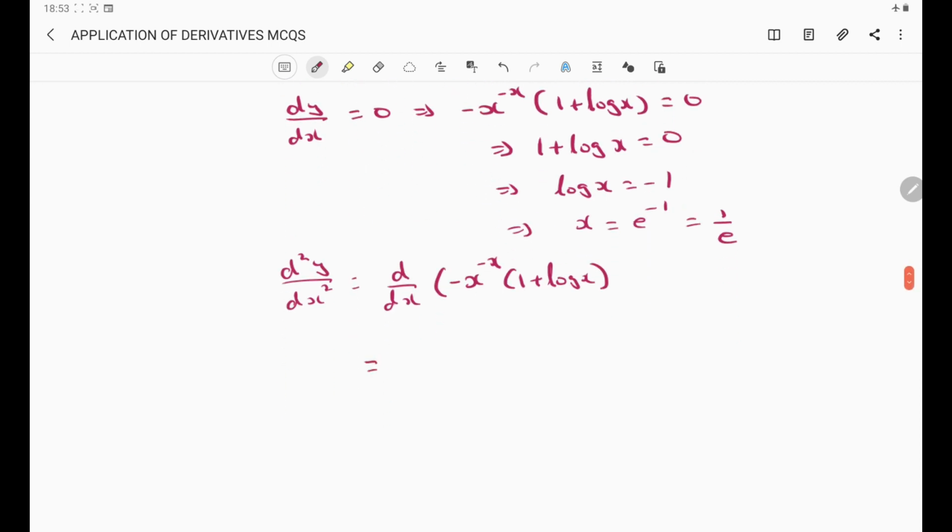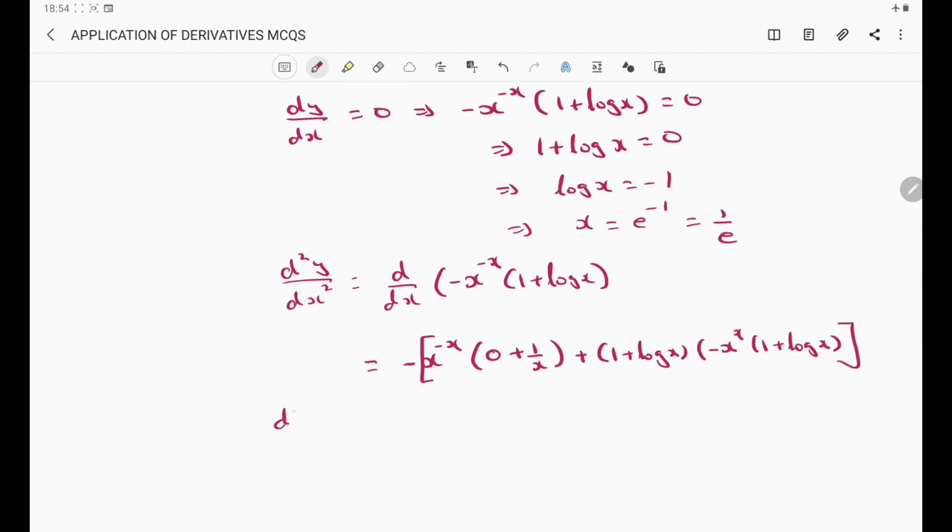So this can be written as minus x to the power of minus x into the derivative of 1 plus log x, which is 0 plus 1 by x, plus 1 plus log x into the derivative of x power minus x, which is minus x power minus x into 1 plus log x.